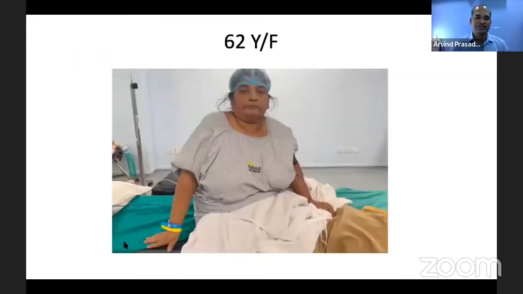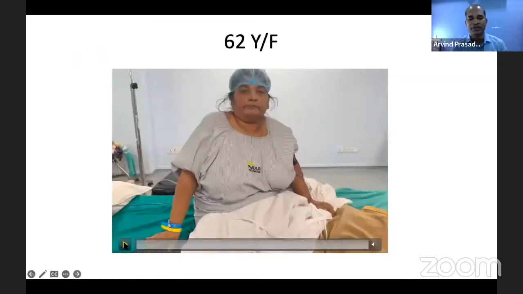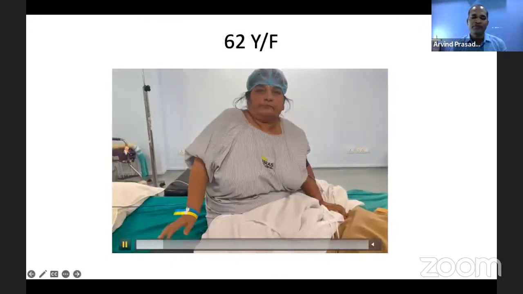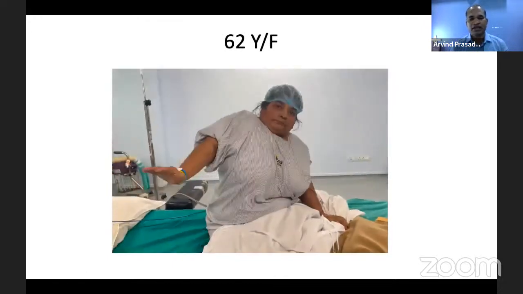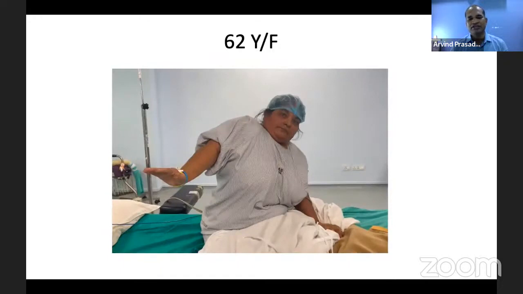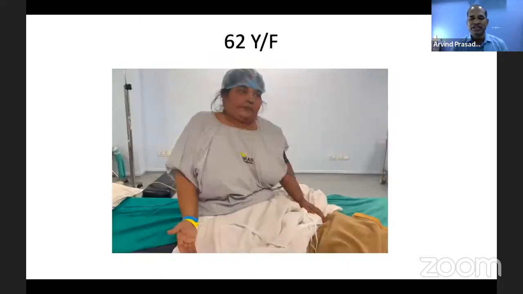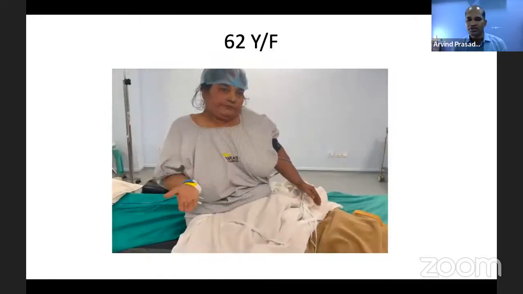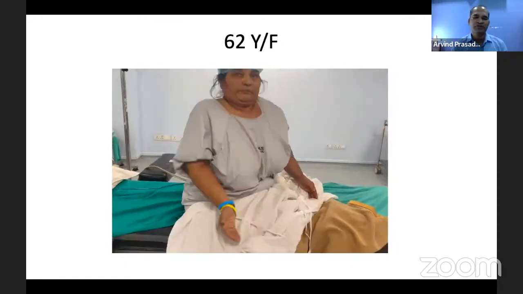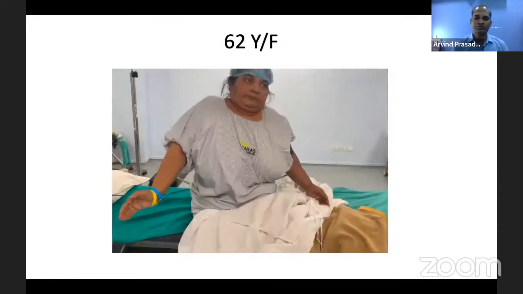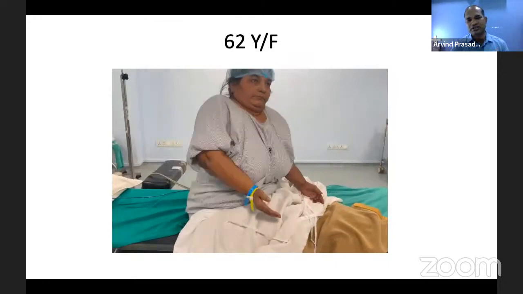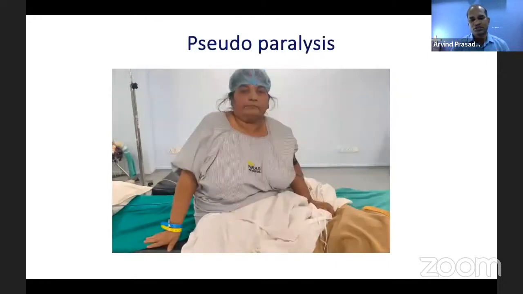You can see here, this lady is a 62-year-old female having full passive range of motion, but hardly any active movement at the shoulder joint. She has to lift or rotate her whole body for abduction or any rotation movement. So this is a case of pseudoparalysis.